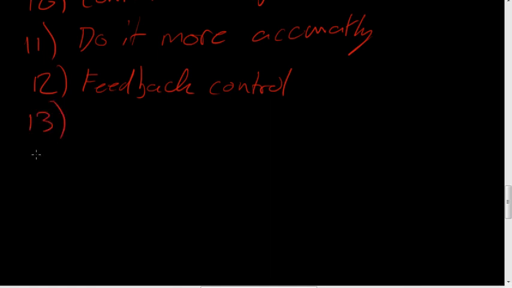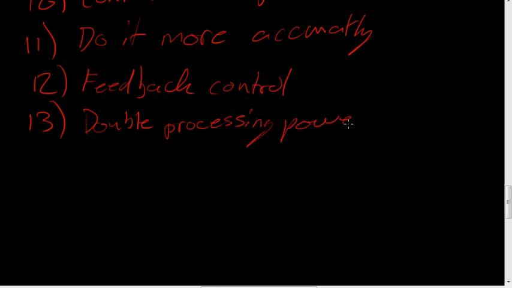And 13, we wanted the ability to process more data faster, and we didn't want to run out of memory, so we wanted to double our processing power. Also, as a hidden benefit, we wanted to show off that we can communicate across long distances.